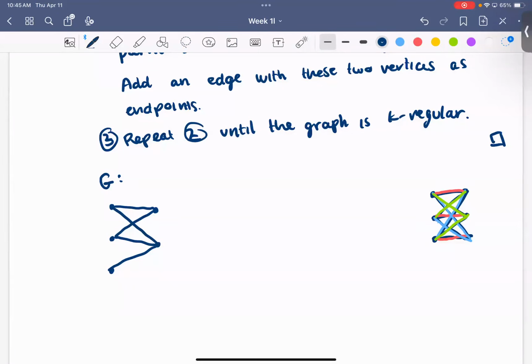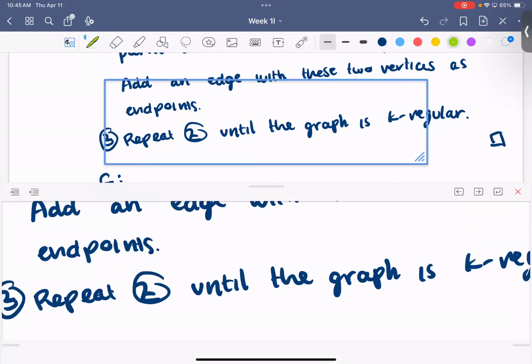Oops, I think my coloring is not good. I need to switch up one of these. Okay, hold on, let me just start over.